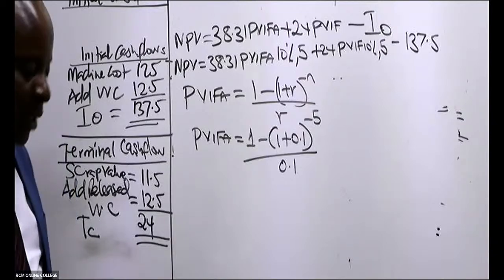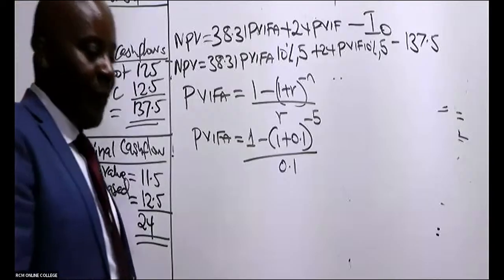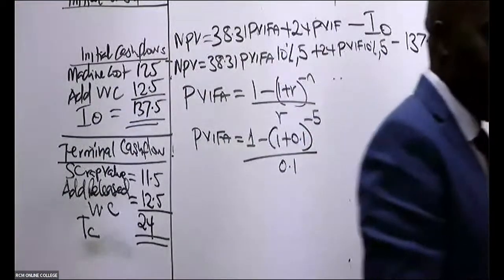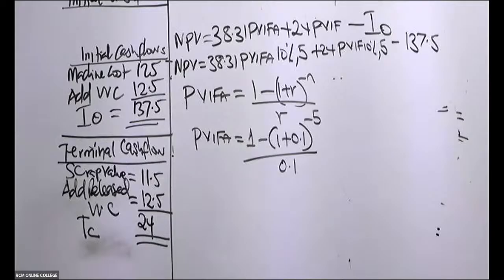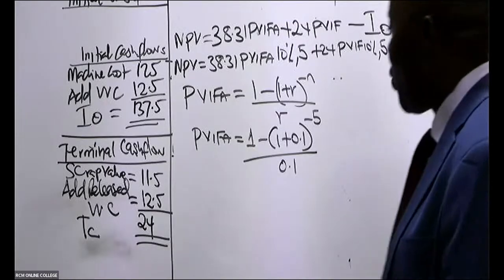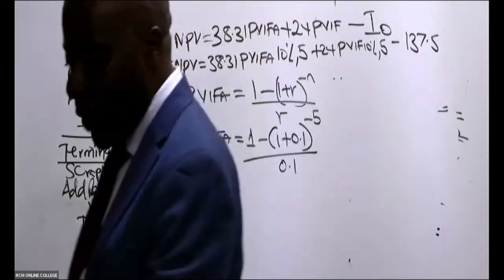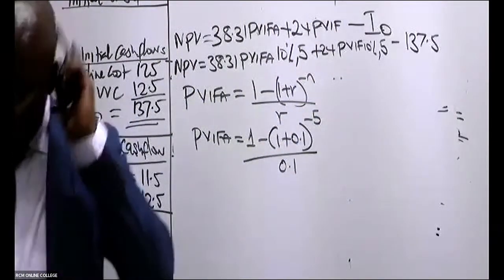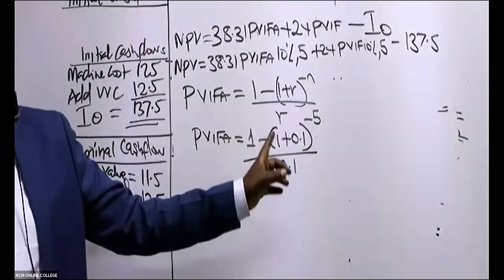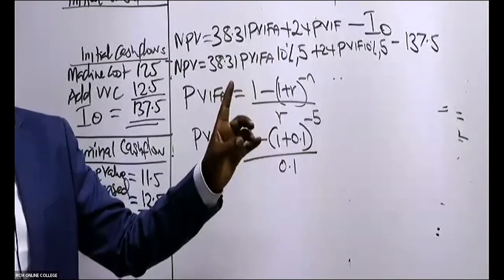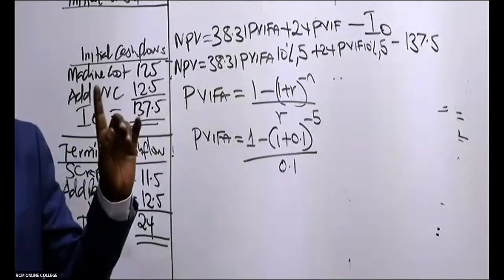Get out your calculator. This is 1 minus 1.1 raised to minus 5, divided by 0.1.